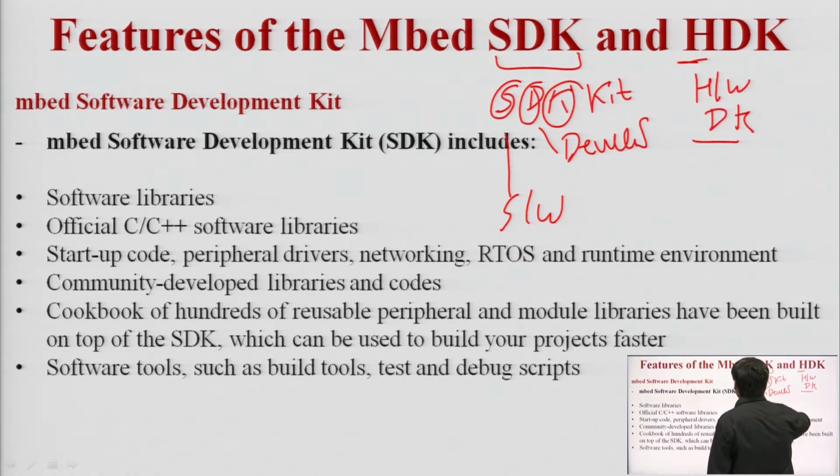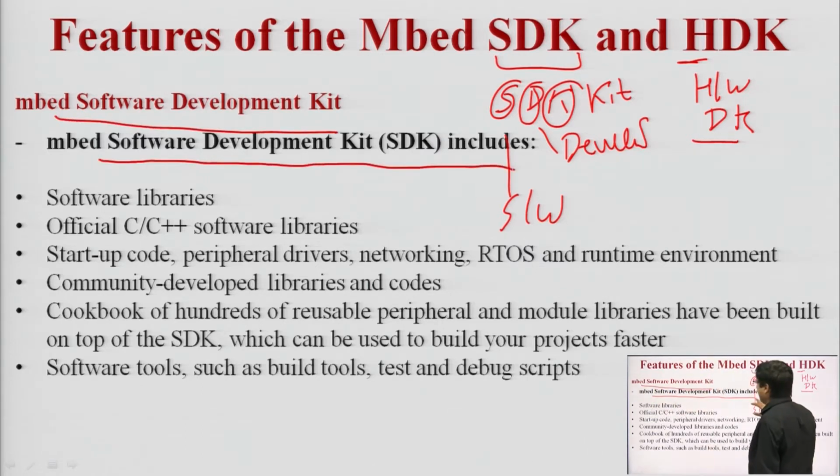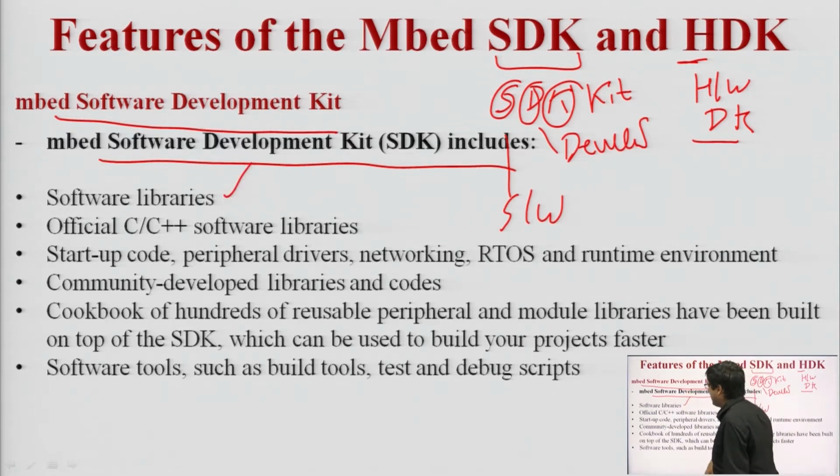These are the components of the actual Mbed system. So, first we will talk about the Mbed SDK, that is, Mbed software development kit. Mbed software development kit includes software libraries. It has all the libraries available, it has all the code available to run any particular IoT applications. It has C, C++ software libraries, a large number of libraries available, we can easily access them. It has a startup code.